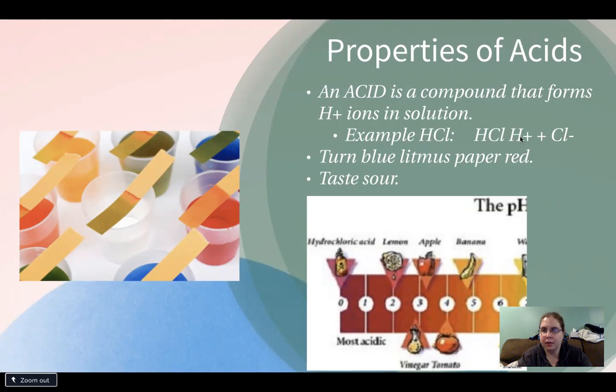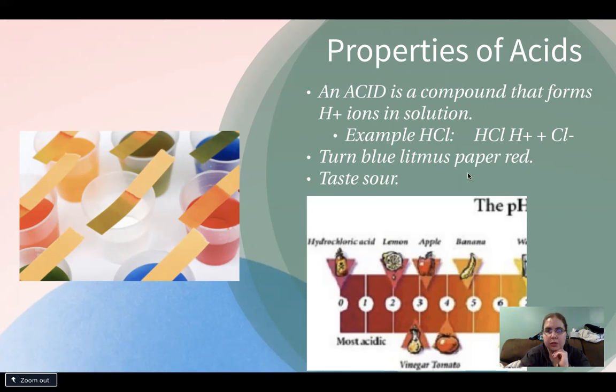When it breaks apart, it becomes H+, a hydrogen ion, and Cl-, the chloride ion. But notice we have this hydrogen ion right here. The more acidic it is, the more hydrogen ions you would get. So it's increasing the hydrogen ions.